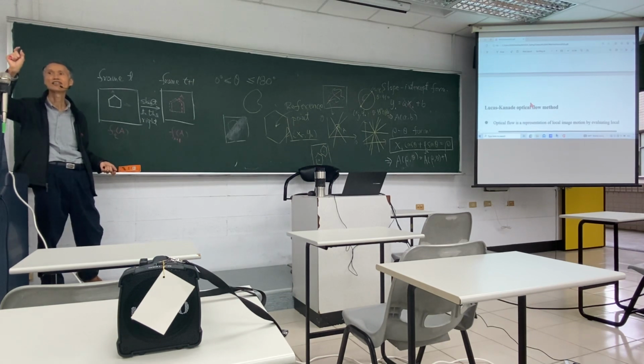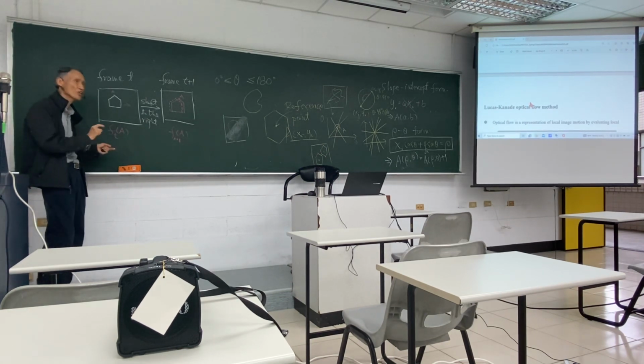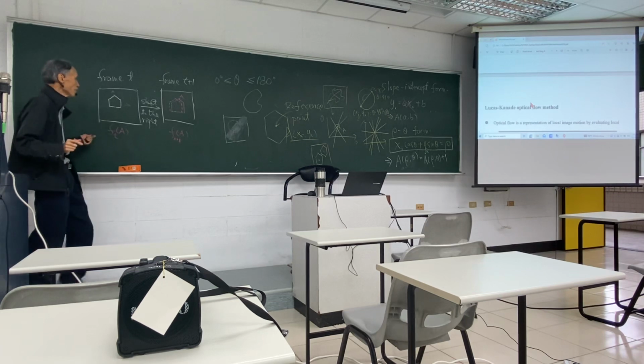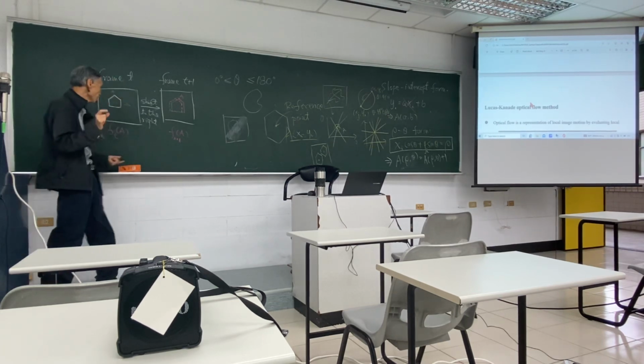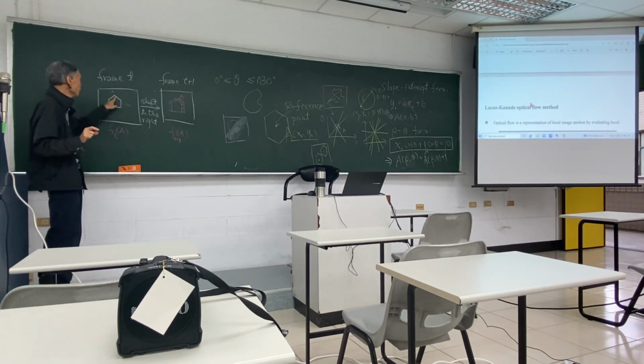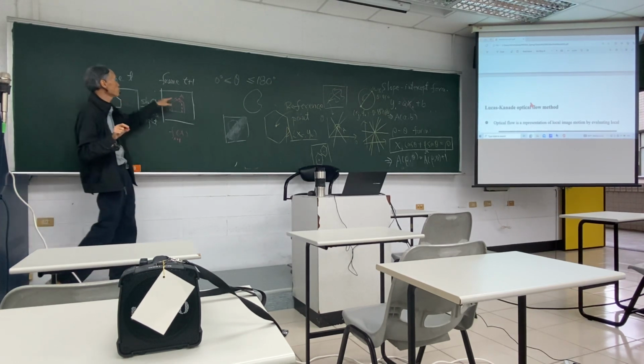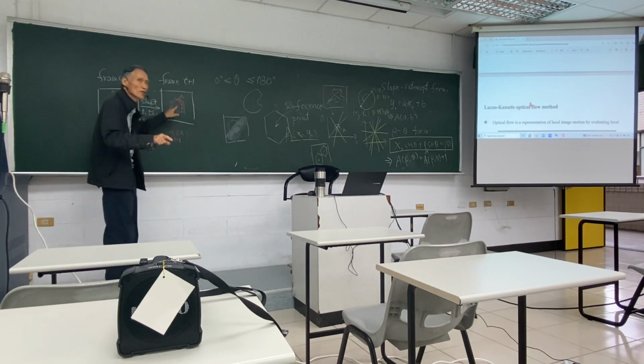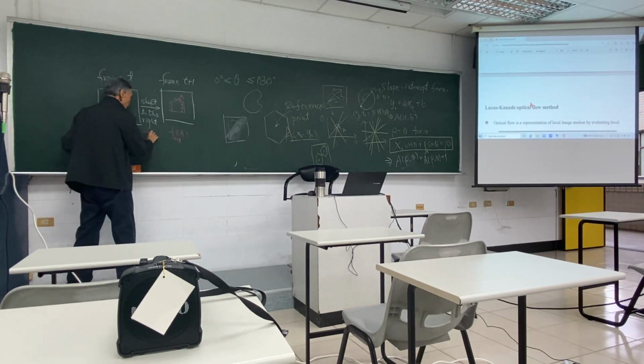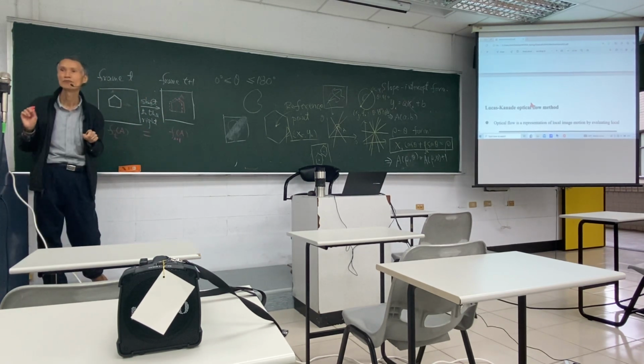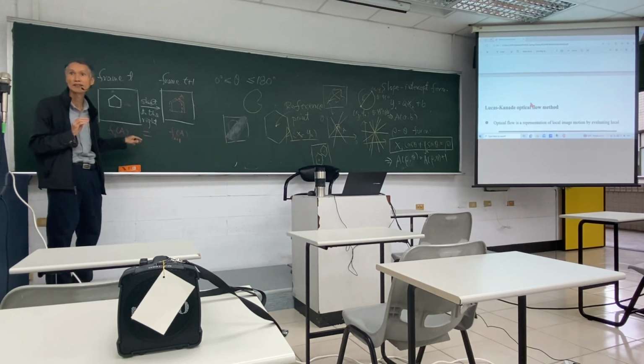The assumption here is that in a very short period of time, the same point in the current frame and the same point in the next frame should have the same gray value.